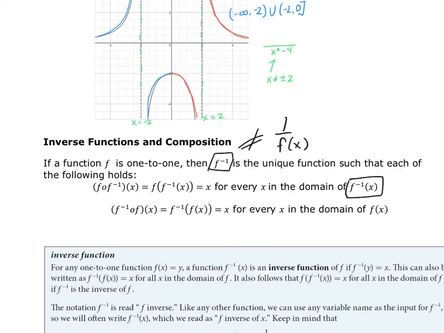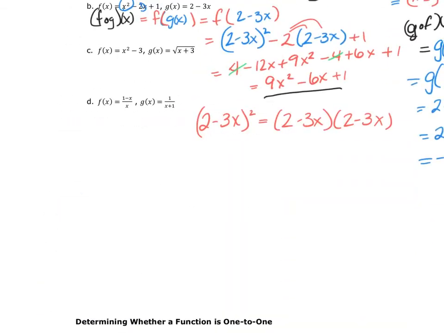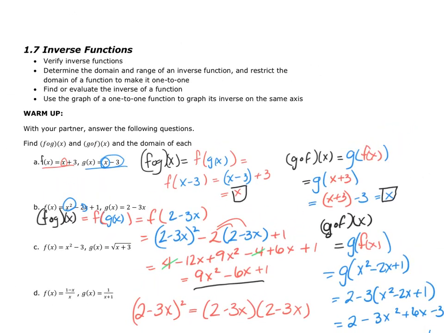So what we're doing with inverse functions is we are undoing the function itself, and it says I have the answer. What input is associated to this answer? So if it's 1-to-1 and I found an inverse, then when I do my composition both ways, my answer is just x. So if I come back up to my warm-up up here, notice how my very first one, I'll do red this time.